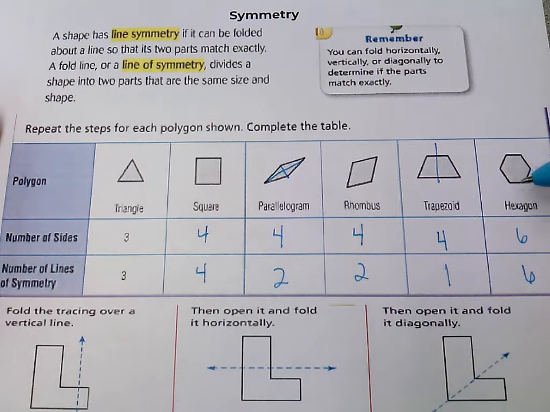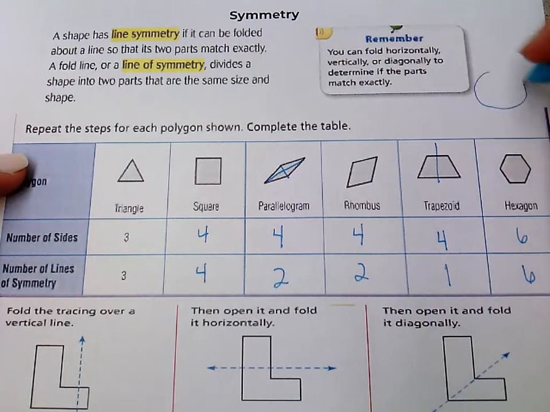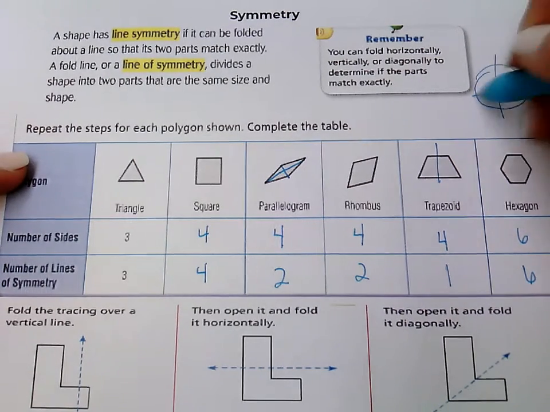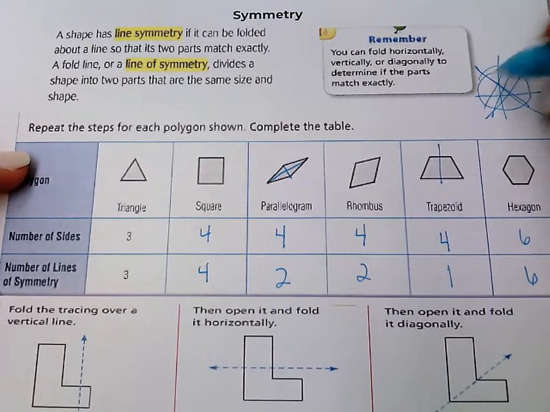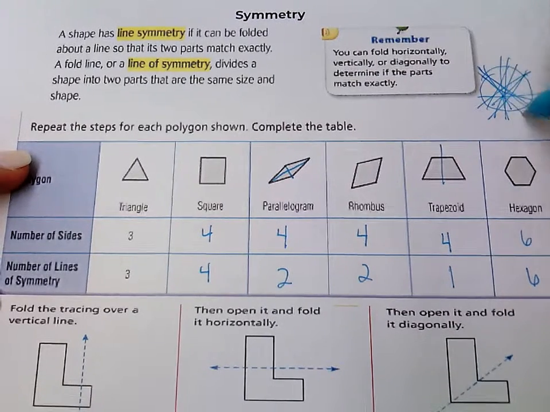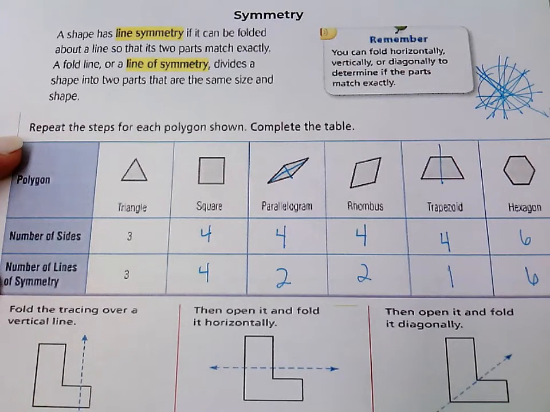So any of the basic figures, square, triangle, hexagon, decagon, octagon, all those, the amount of sides matches the number of lines of symmetry. Now a circle has an infinite amount of symmetry because you can go on forever and ever and always split it in half or diagonally, and it will always have the amount of lines of symmetry.